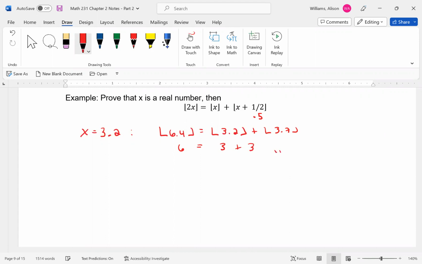So it works. Okay. So the idea is that what we're worried about is maybe if the decimals get too high, it might not end up working. Okay. What if that 1/2 ends up pushing it over? Okay. So we're going to set up a proof for this. And here's how that will work.